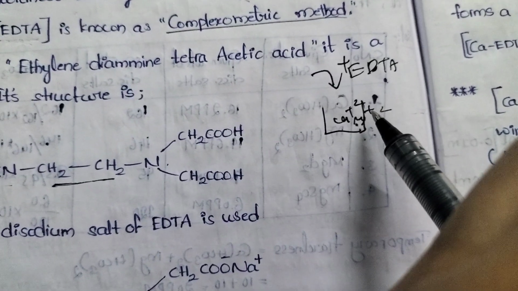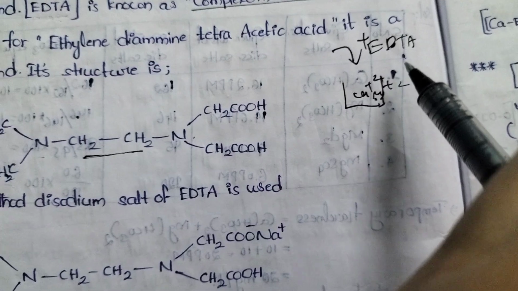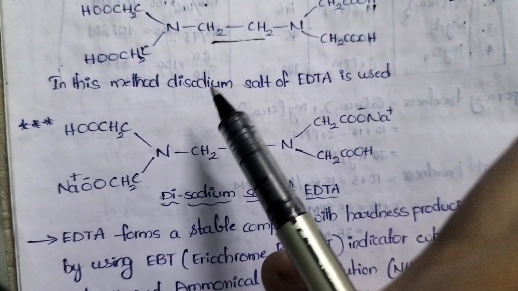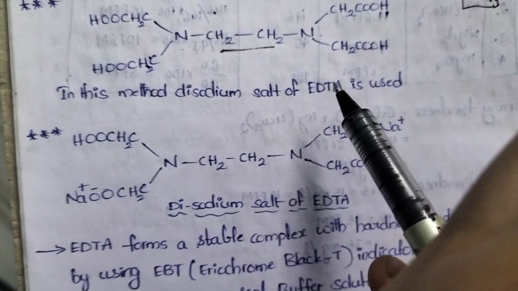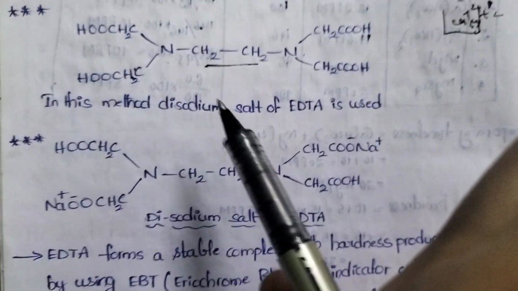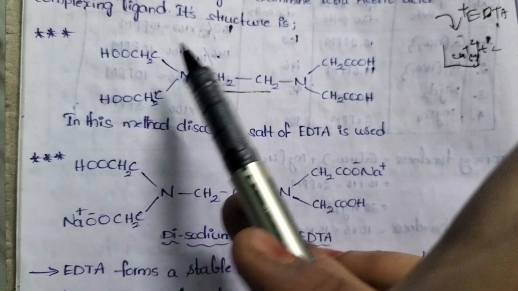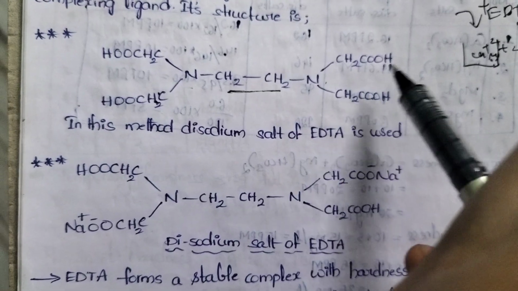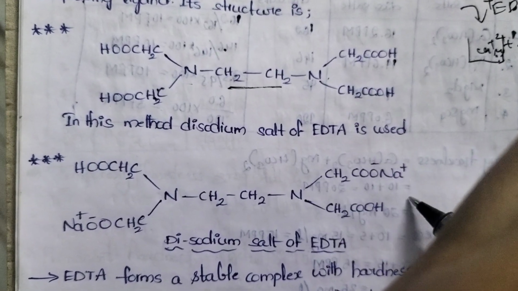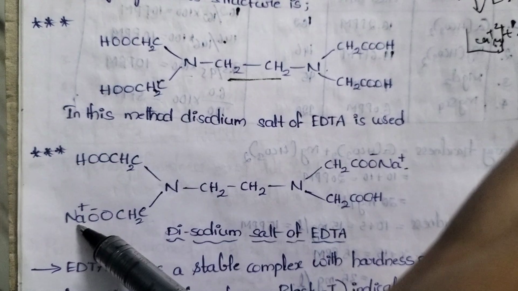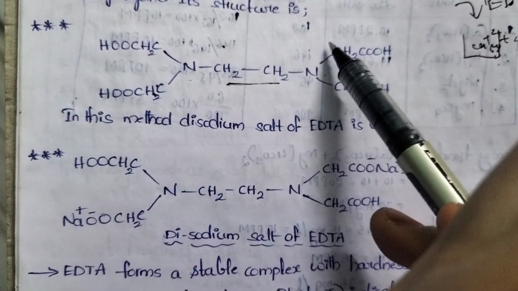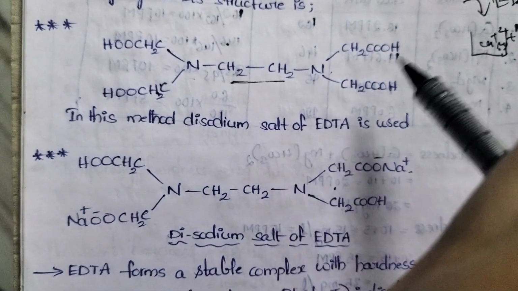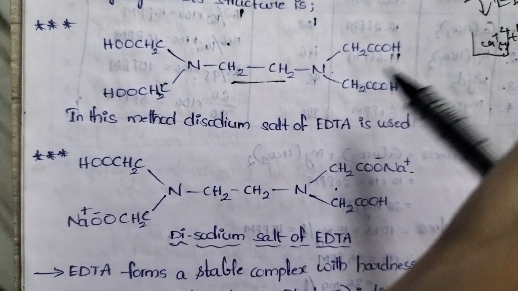Here I said we are adding EDTA to water. Which form of EDTA are we adding? Generally we use EDTA in the disodium form. In acetic acid, 4 hydrogens are there, and among those 4 hydrogens, 2 hydrogens are replaced by sodium. Observe the first structure and second structure, everything is the same, only the difference is in 2 hydrogens.